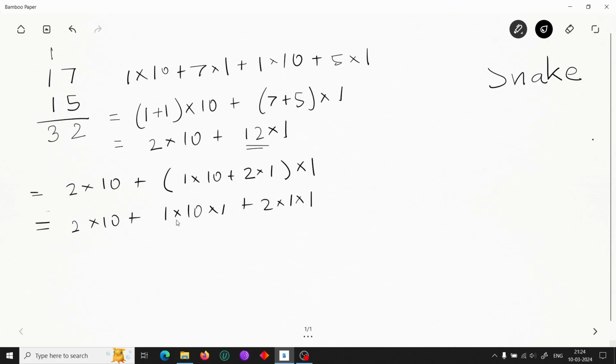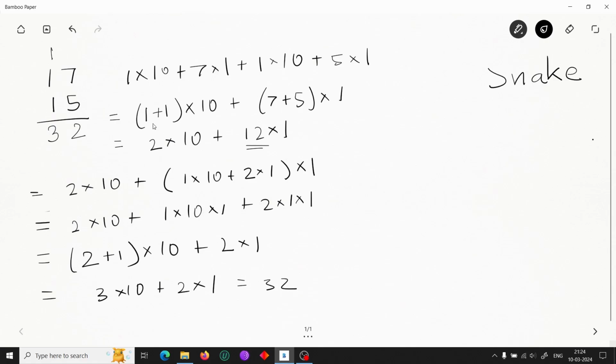Okay, so now we are going to take the tens commons again. So this would give us 2 plus 1 times 10 plus 2 times 1, which finally gives us 3 times 10 plus 2 times 1, which is 32.